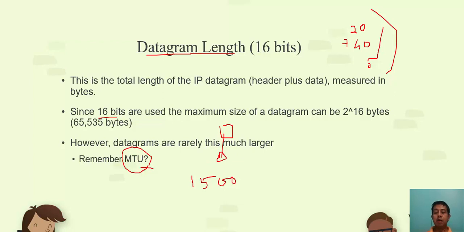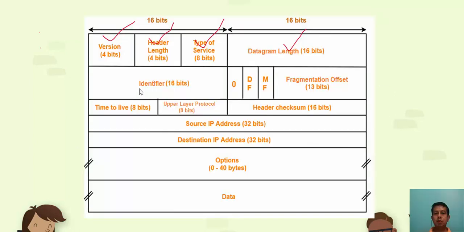Now the data link layer will add its own header, that means some extra information will be added there also. So the combined final size should not exceed this MTU. Whenever a datagram is created, it should be ensured that it does not exceed the MTU, while also taking into account that some header information will be added in the data link layer.